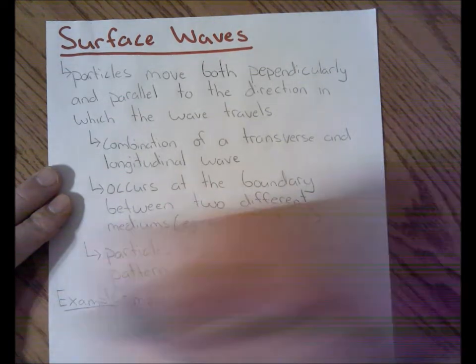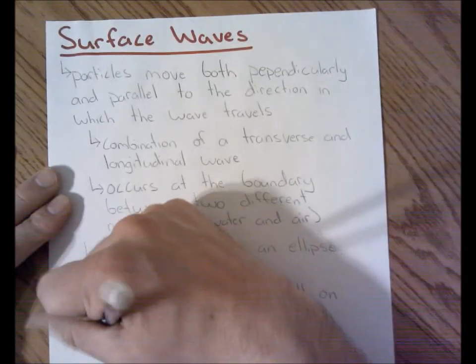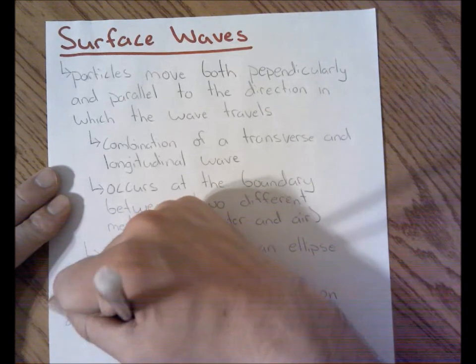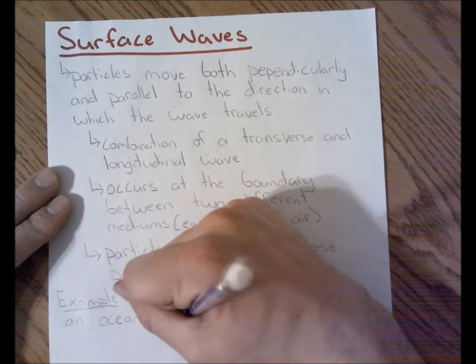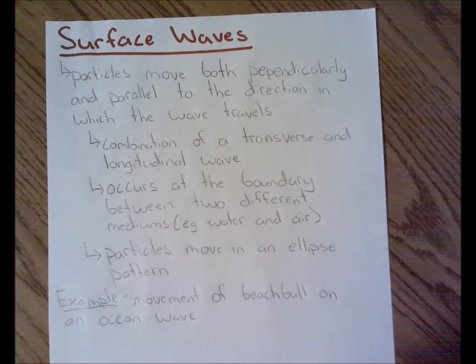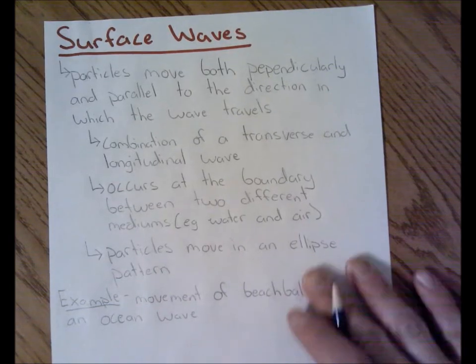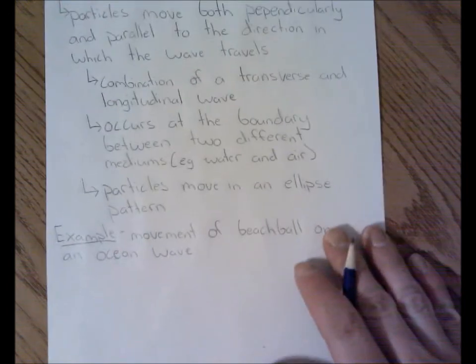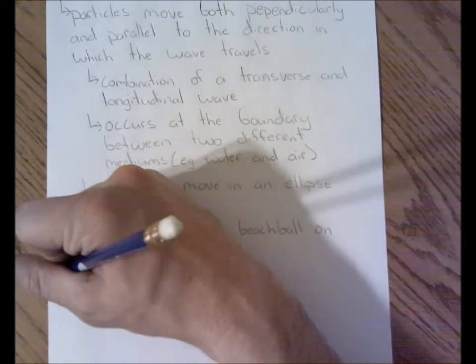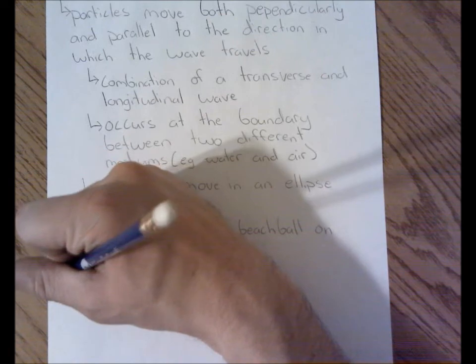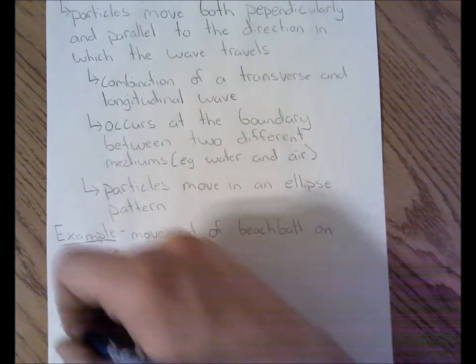So what I'm going to do is draw this as a picture. We're going to draw a series of pictures, and we're going to have our first snapshot. We have our ocean wave, I kind of exaggerated it, and then we also have our beach ball.